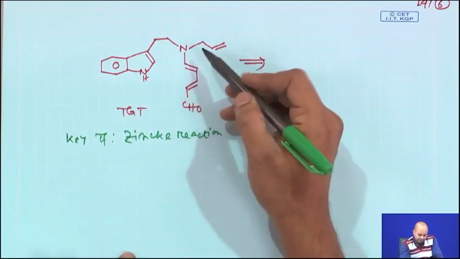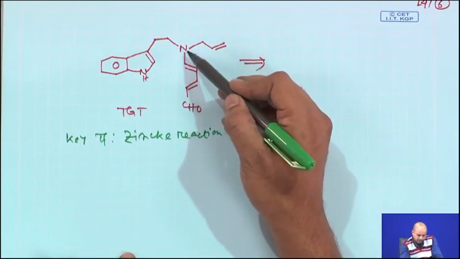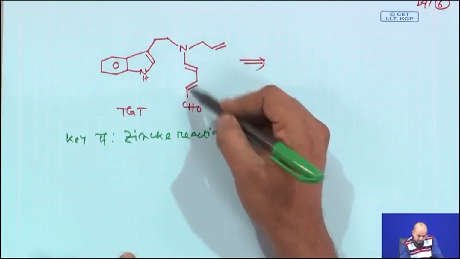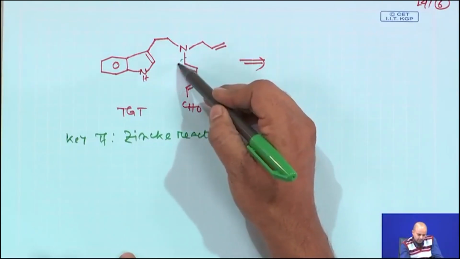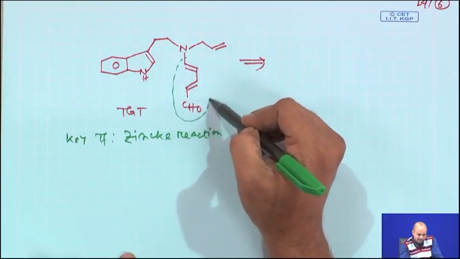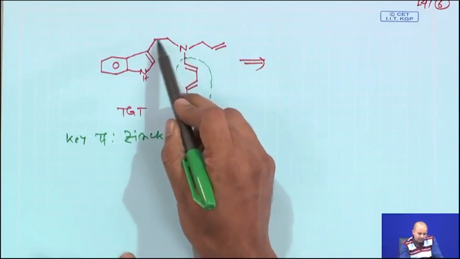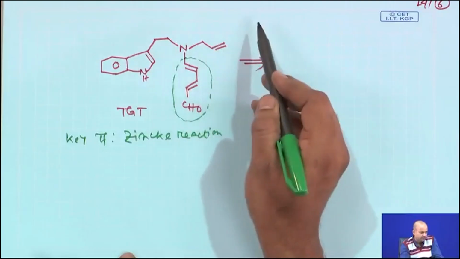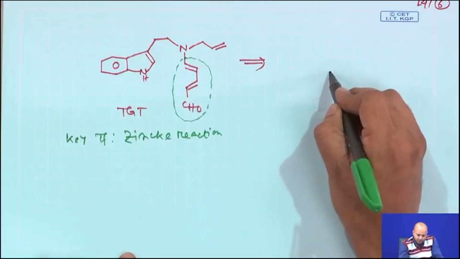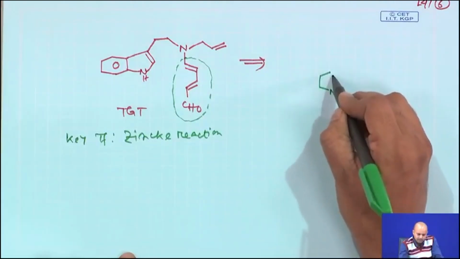We said that this particular part, this alpha beta unsaturated, conjugated aldehyde, you can construct by Zincke reaction. So, basically what you need is 2 amine parts. This is one part of this amine, this is one part of this amine. So, now you formulate how you can do this reaction.